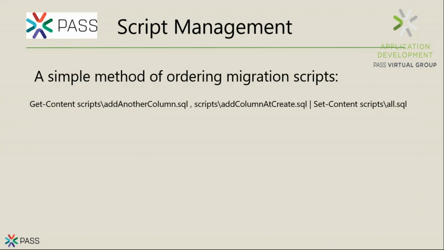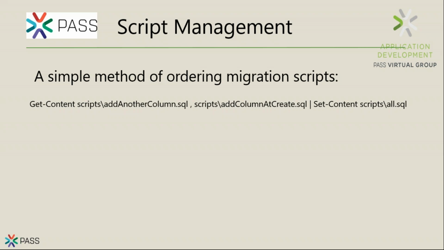Now, one of the steps involved in this process would normally be management of migration scripts. Migration scripts obviously can be ordered via a naming convention, but I just wanted to share a simple method that some of our clients use, and that's using a PowerShell script with a form of concatenation of scripts. So here we're using Get-Content and Set-Content to create a concatenated script that combines the scripts involved in your source repo.